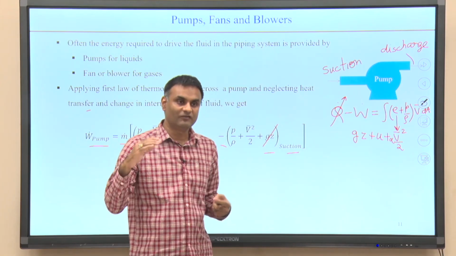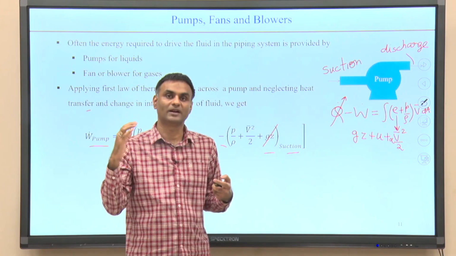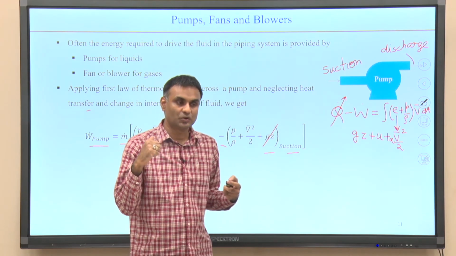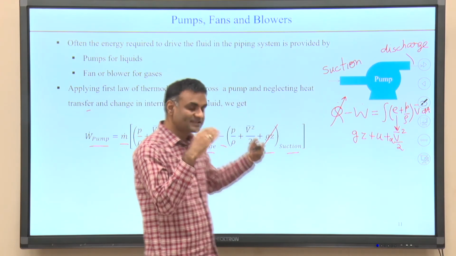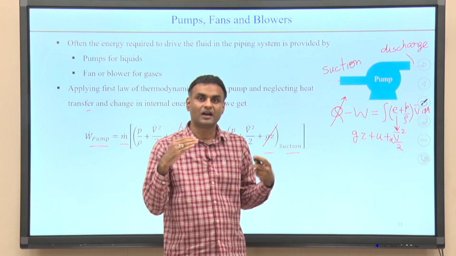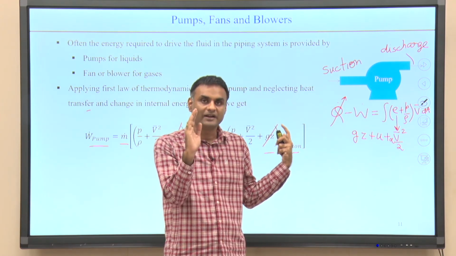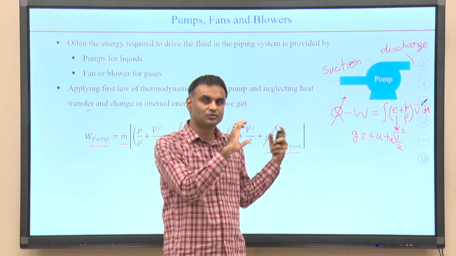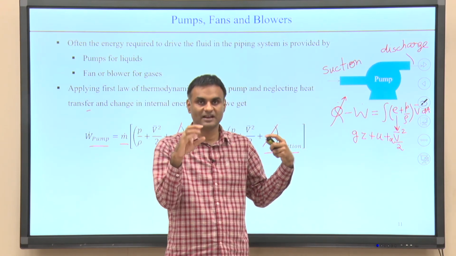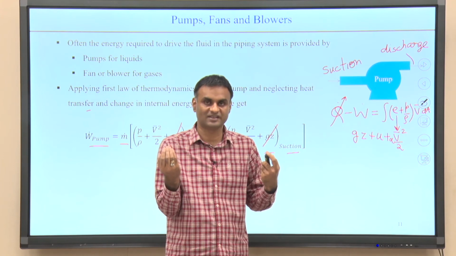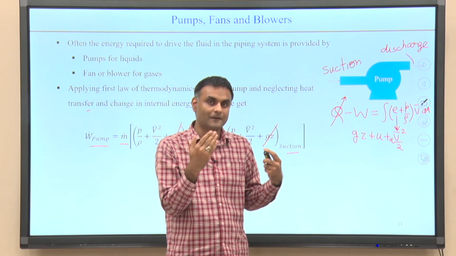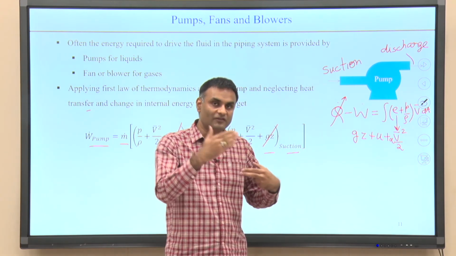What the pump will give is the head, actually. So, if the cross sectional areas of the pipes that we use at the suction side and the discharge side are the same, then the flow rate will be the same.